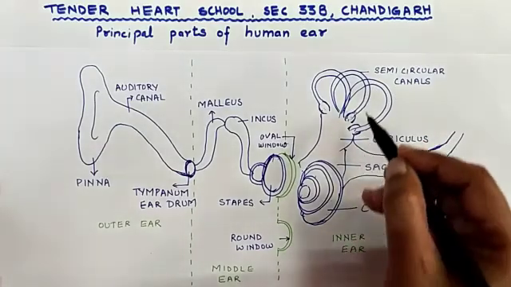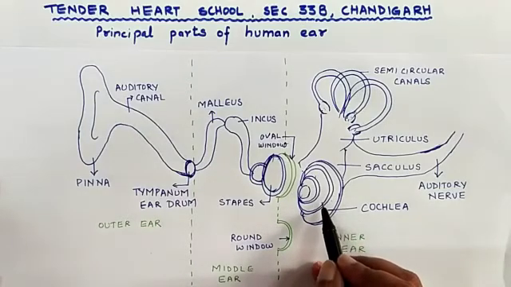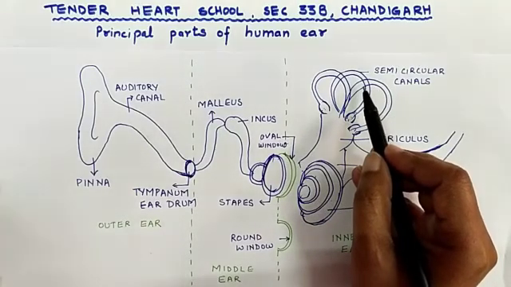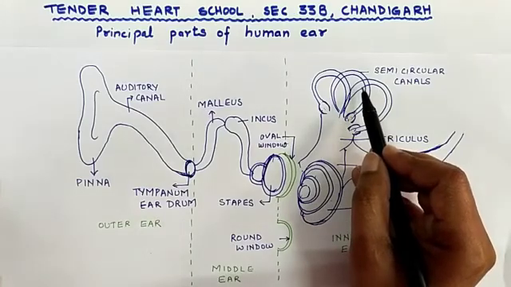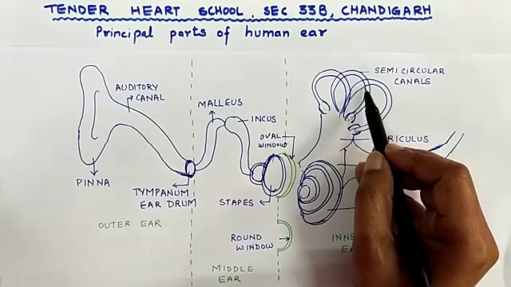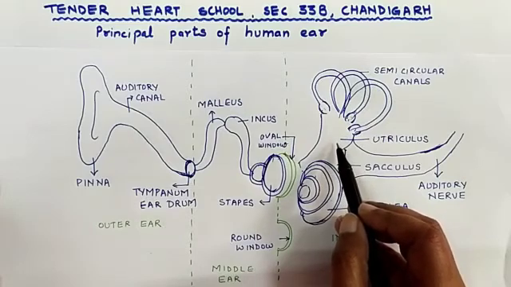So, let us just see the inner ear again. The cochlea contains the sensory cells for hearing, that is the organ of Corti, which helps us in hearing. The semicircular canals contain the sensory cells for dynamic balance, that is when the body is in motion. And the utriculus and sacculus, which form the vestibule, contain the sensory cells for static balance, that is when the body is at rest.